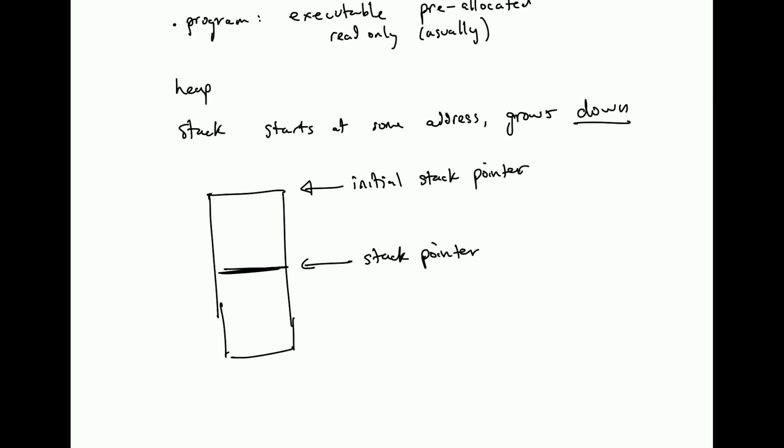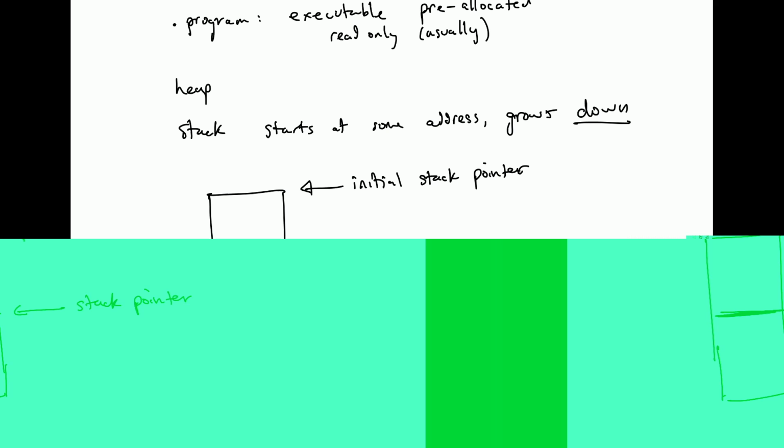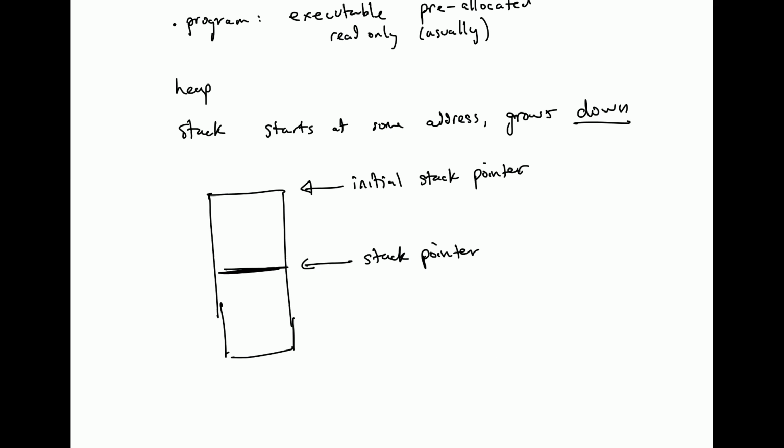So the stack pointer should always point to the bottom of the stack, okay? So in our plates analogy, it doesn't really fit, but it's almost as if the plate thing is on the ceiling, okay? It's not really the best example here, but yeah, okay.